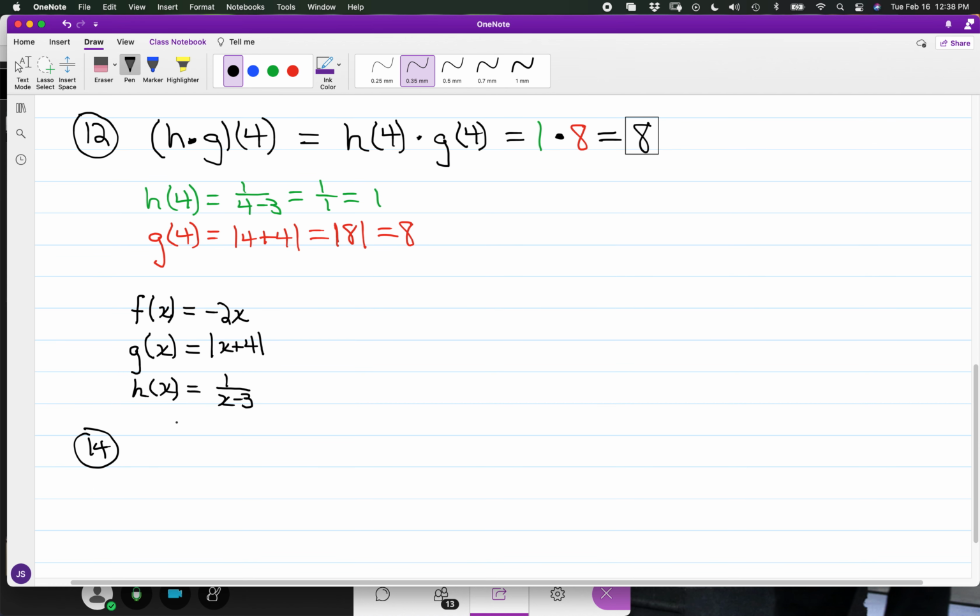Now we have f plus h of 5. In the expansion, you're looking at f of 5 plus h of 5.